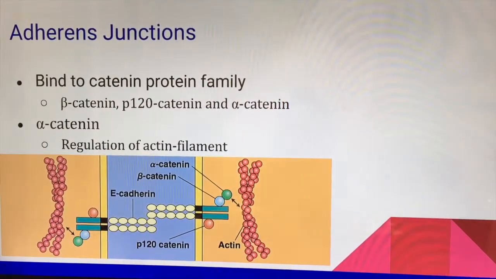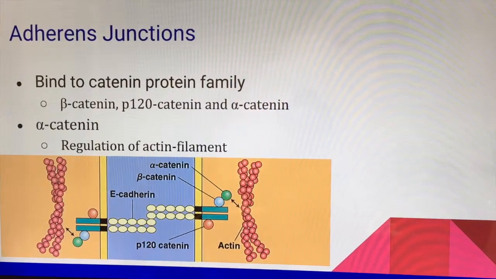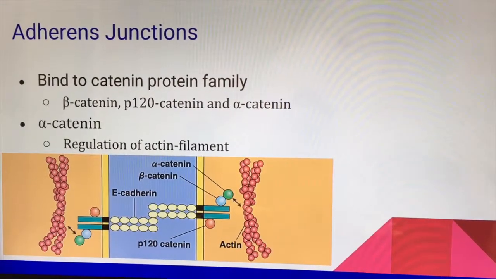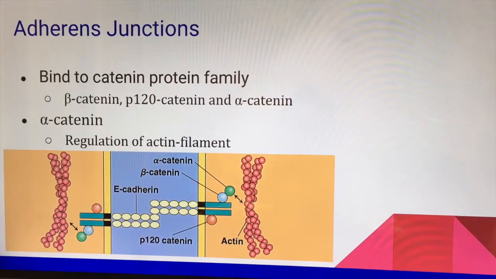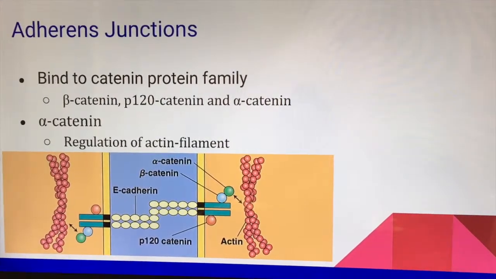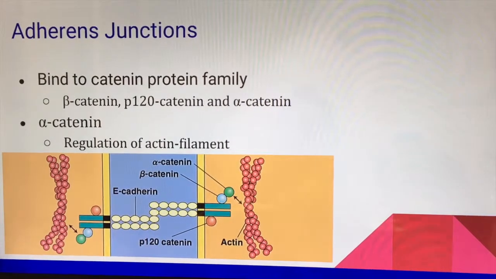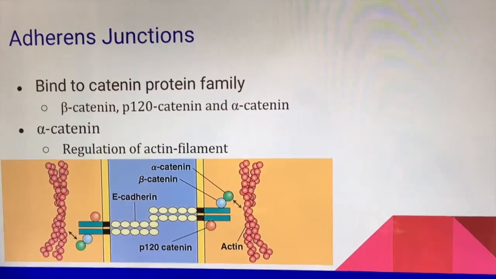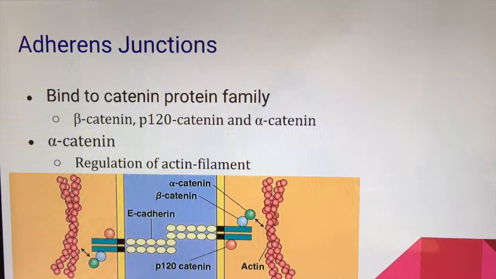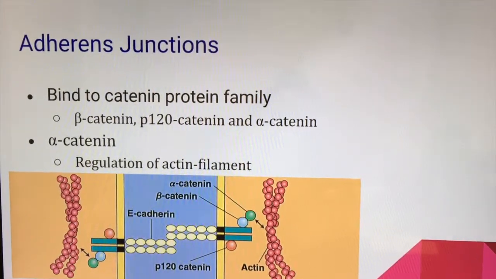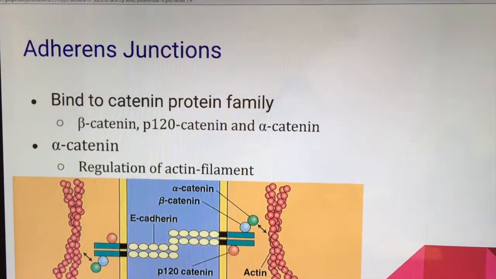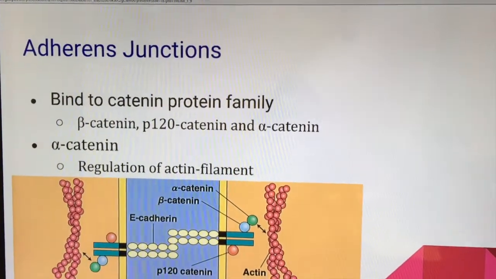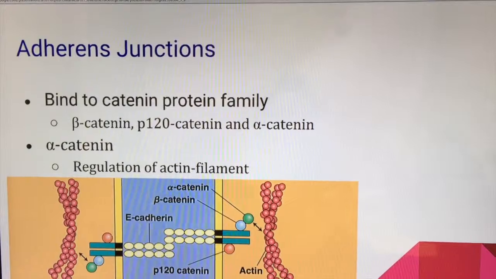Catenins play an important role in normal cell fate determination, cell migration, homeostasis, and growth. It also makes the cell susceptible to alterations that can lead to abnormal cell behavior and growth. So the E-cadherin cytosolic ends of the 5 repeats bind to the linker protein, which is the beta catenin.